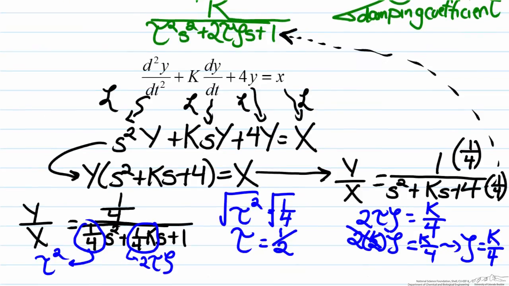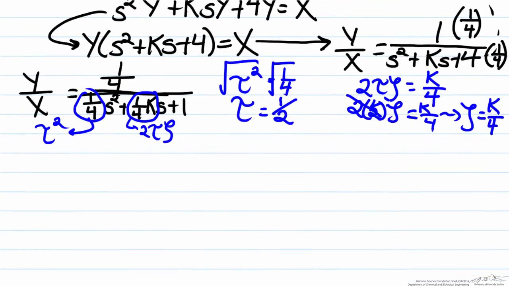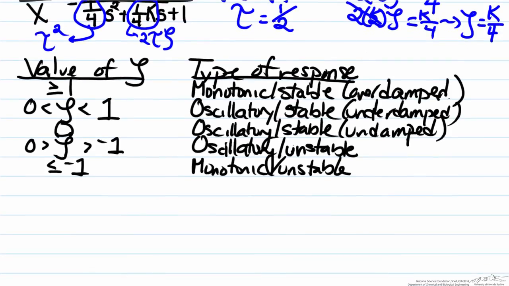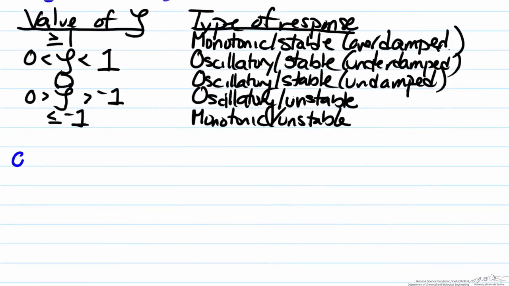So now that we have a relationship for zeta, we have to revisit what ranges of zeta lead to what particular responses. And that table is provided here. From this table of zeta, we can see what values of zeta correspond to either monotonic or oscillatory responses, and what values of zeta correspond to stable or unstable processes. So we can use this table to find the ranges of k for our two parts of the question.